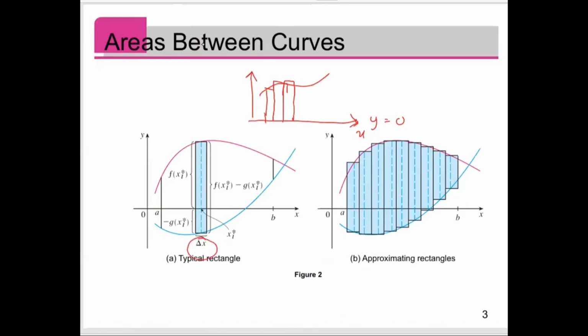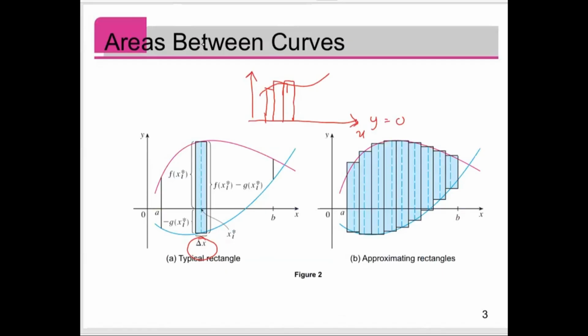But now the height is taken from the height of the first curve minus the height of the second curve. This is general because g(x) here is not always positive. In some parts it is not a positive curve. But what matters to us for now is that f(x) is greater than or equal to g(x). So g(x) can be negative.